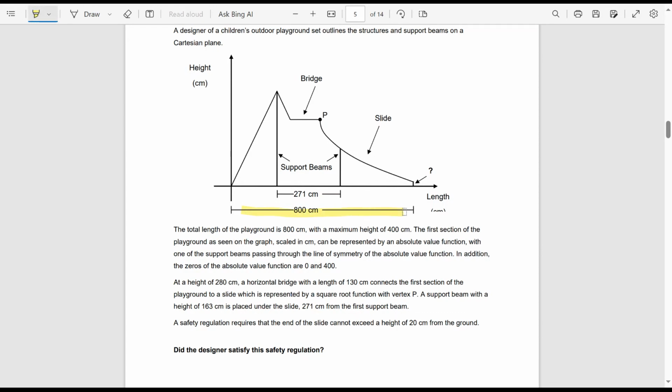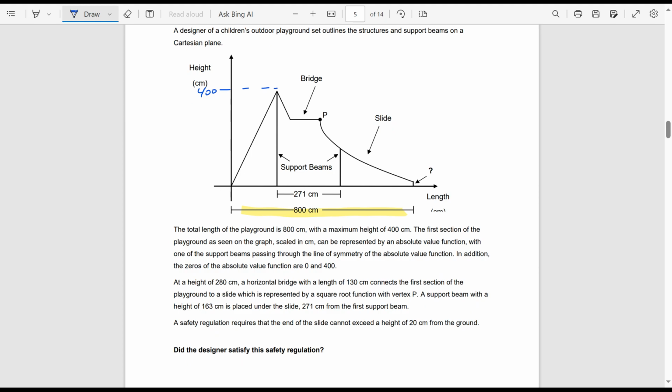There we go. So then it's talking about the fact that with a maximum height of 400, the first section of the playground, as seen on the graph, is scaled in centimeters, is represented by an absolute value function. So what they just told me there was this is 400 centimeters high. Okay?